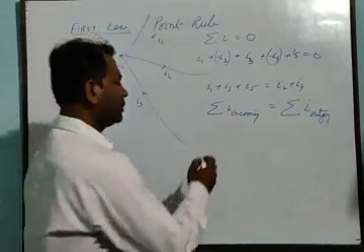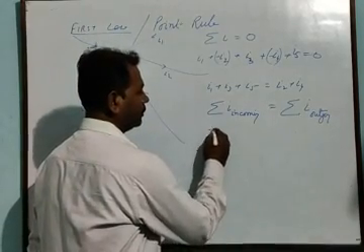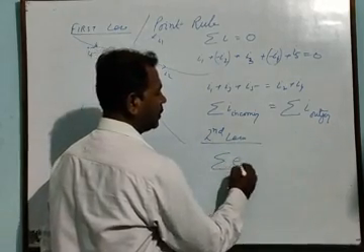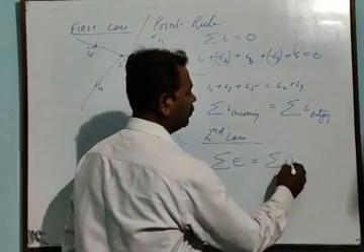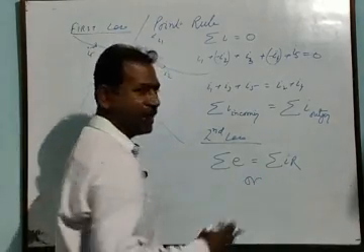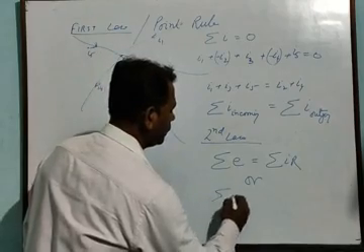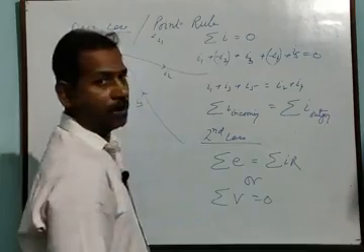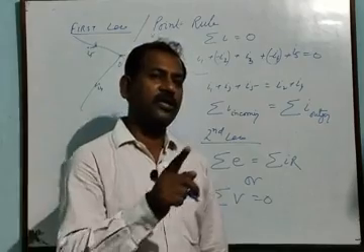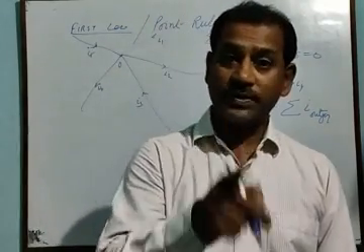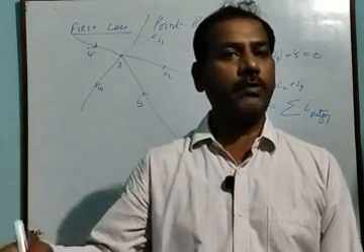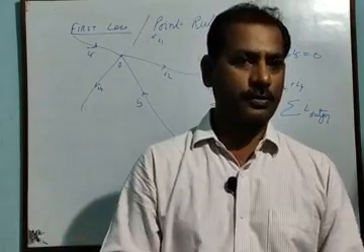So, as a mathematical expression for the second law, we can write summation of E is equal to summation of IR. Sometimes we also express it in this way. If we are taking this one, first of all you have to take the net EMF in the loop which you are considering, and that must be equal to the net potential drop across different arms of the same loop, and you can equate it.